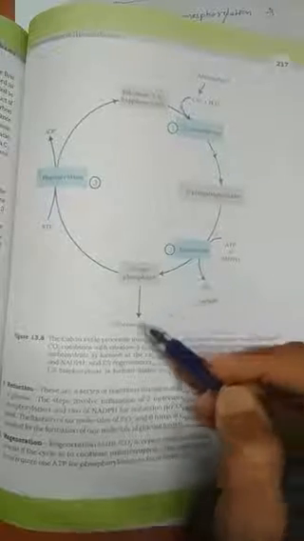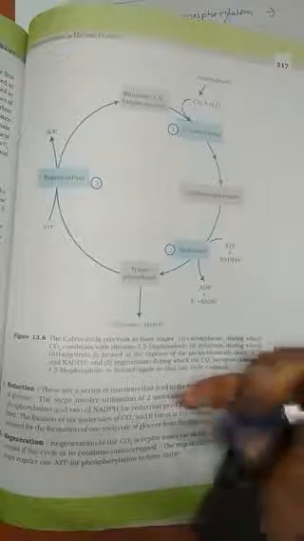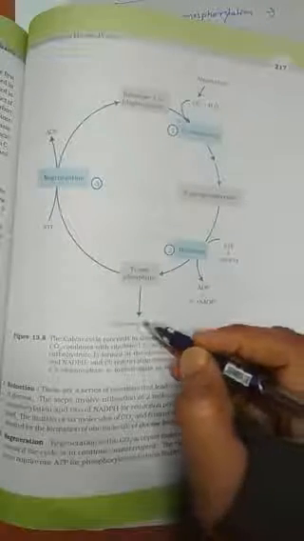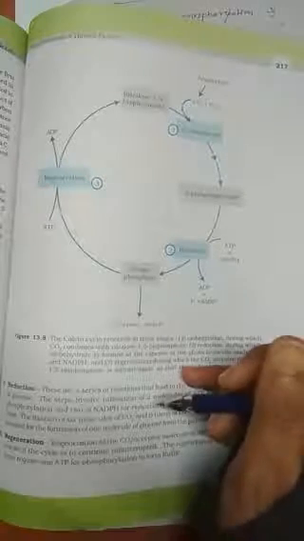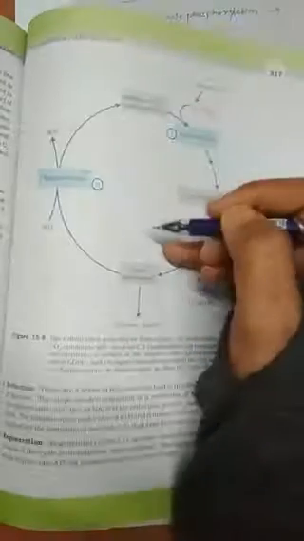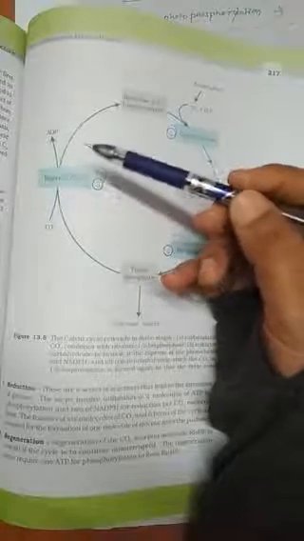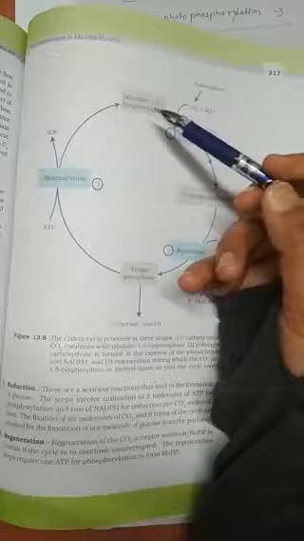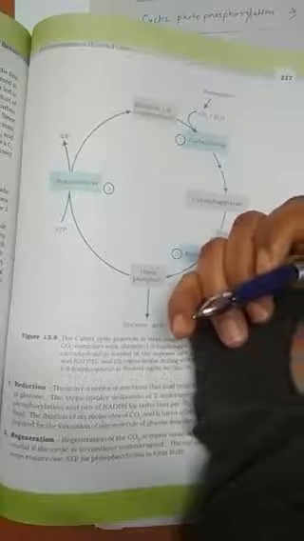By the reduction, triose phosphate is formed, which is converted into sucrose and after that starch. The third step is regeneration. The CO2 acceptor ribulose 1,5 bisphosphate is formed again, and ATP is converted into ADP. This is the third step.